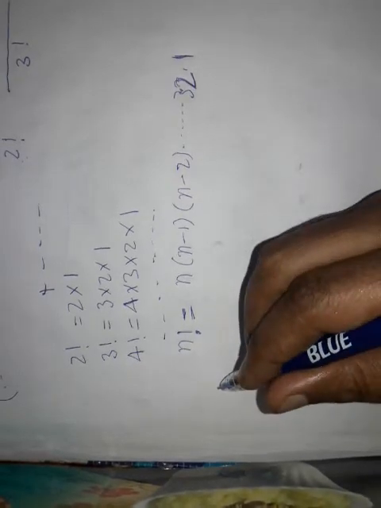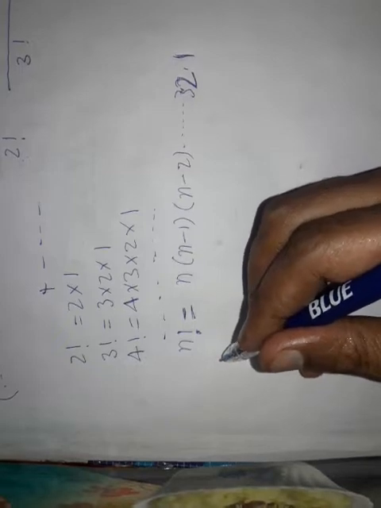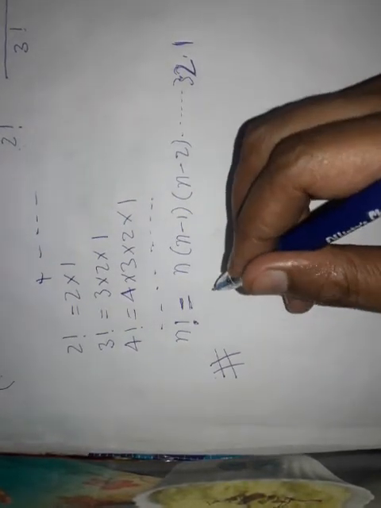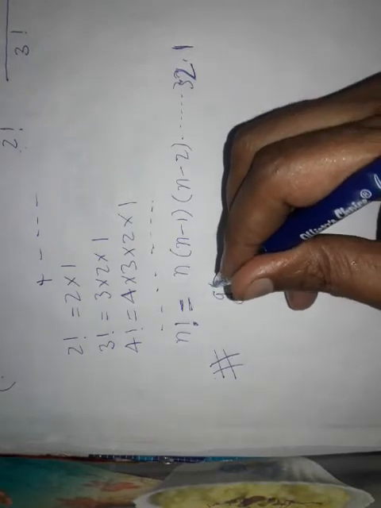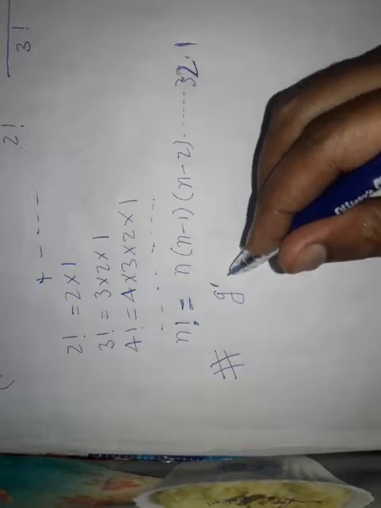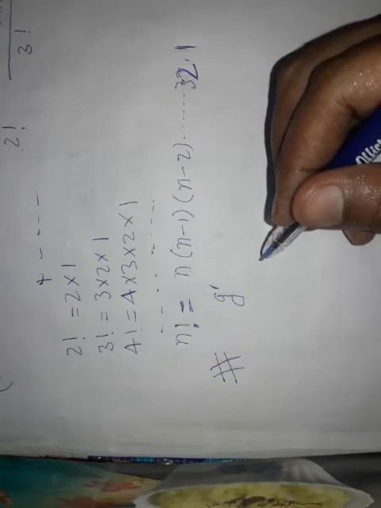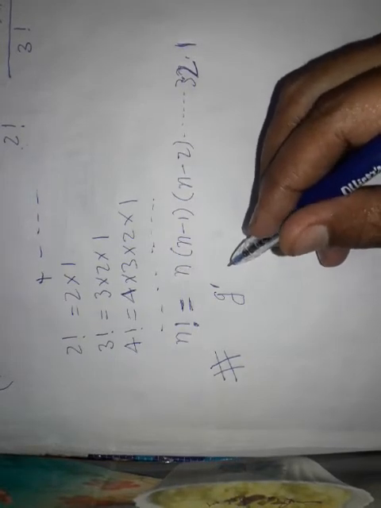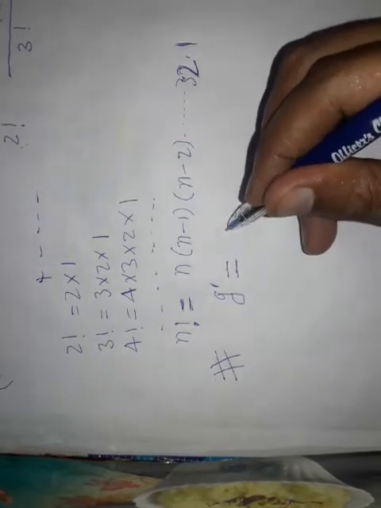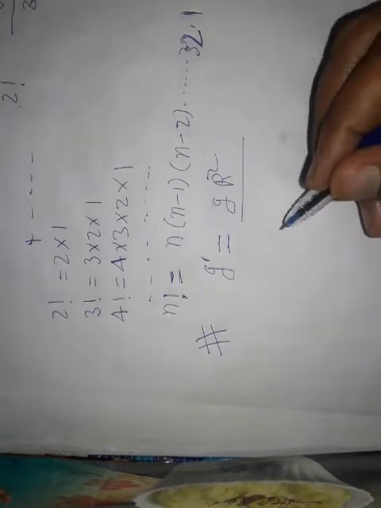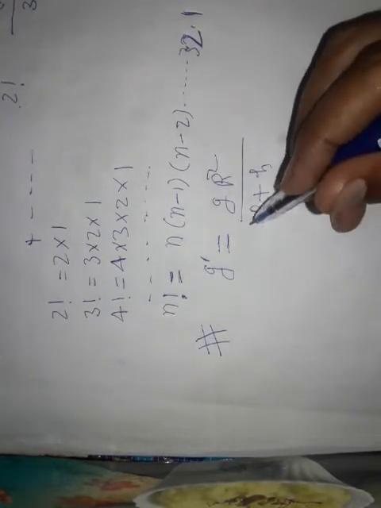The question is, the value of acceleration due to gravity, small g dash, at a height small h above the earth's surface of radius capital R is given by, given in question, g dash equal to small g R square upon R plus h whole square.